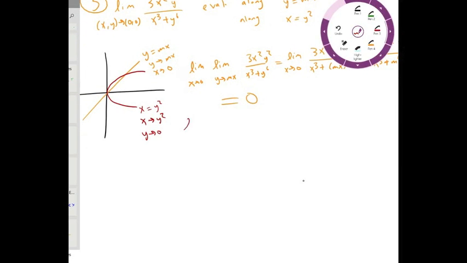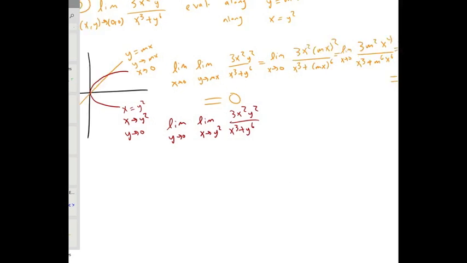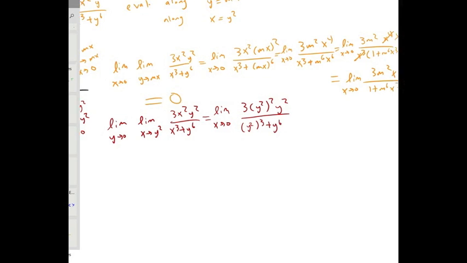Our second result is if we take the limit as x approaches y squared first, then y approaches 0, of 3x squared y squared over x to the third plus y to the sixth. So wherever we see x, we'll put in y squared. So we have 3 times y squared squared times y squared over y squared to the third plus y to the sixth.